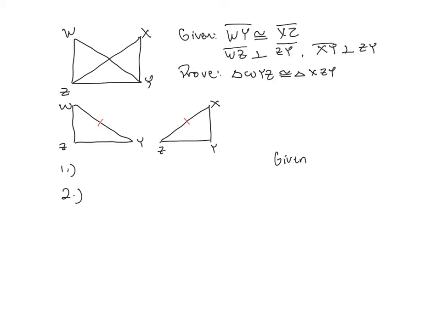So WZ, this one on the left, is perpendicular to ZY, so I can say that angle WZY is a right angle, not triangle, an angle. And I can say that angle XYZ is a right angle. And that's just the definition of perpendicular.